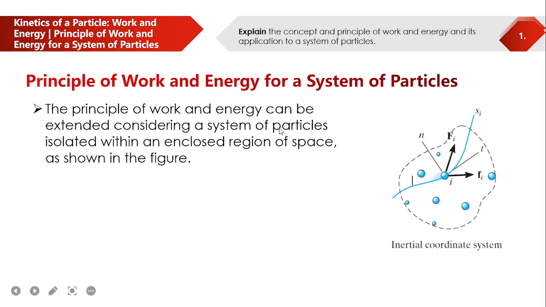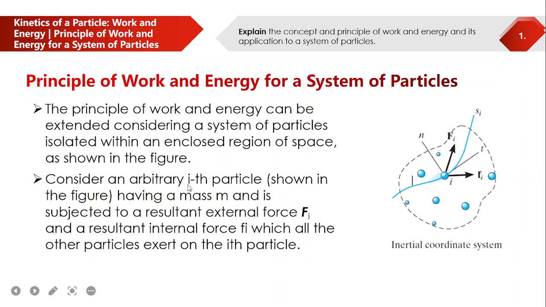The principle of work and energy can be extended by considering a system of particles isolated within a closed region of space shown in the figure. Your particles here have normal and tangential axes. You have a force here, external forces, and internal forces, the small letter f sub i. This is our particle i, and this is the path of our particle i. This is your inertial coordinate system.